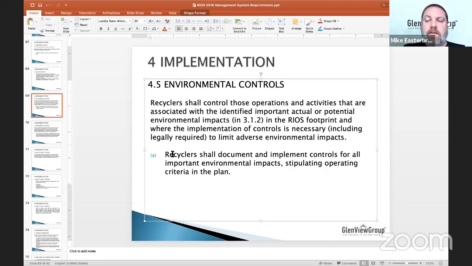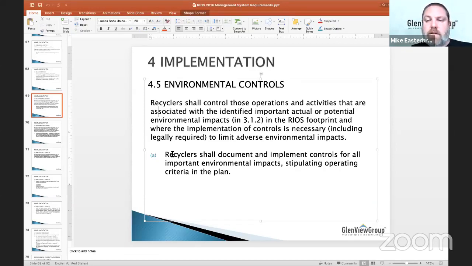Some of those are legally required, as referenced here, depending on your activities. So the controls may be voluntary, or they may be required by law or regulated based upon the activity that you're doing.